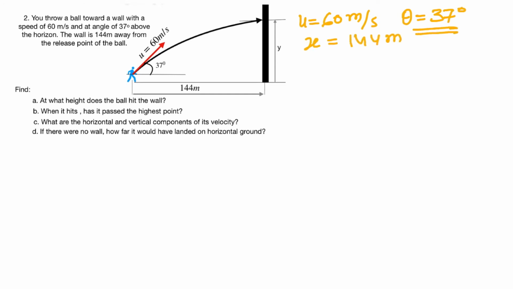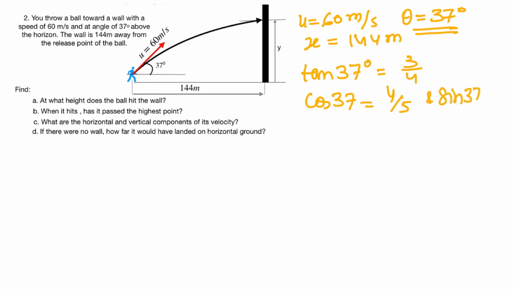The value of tan 37 is equal to 3 by 4, cos 37 is equal to 4 by 5, and sin 37 is equal to 3 by 5. Now to find out the height of the point at which the ball hits the wall, we can use the equation of trajectory of projectile.